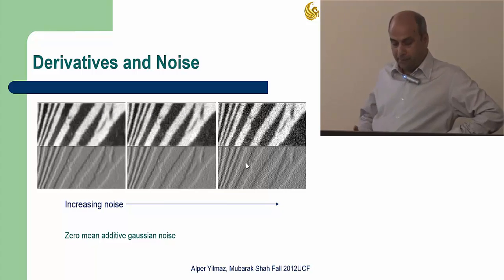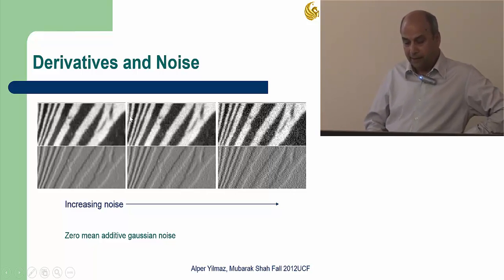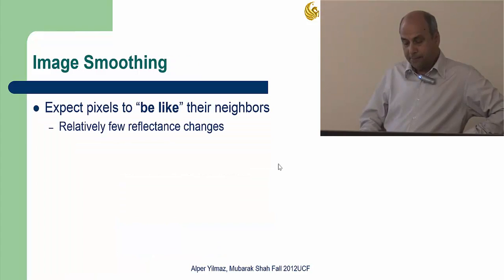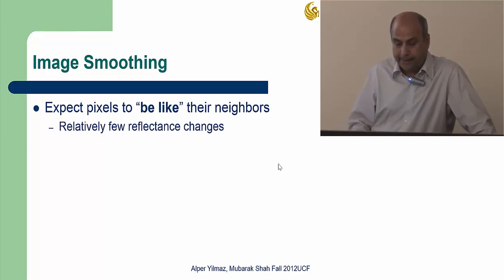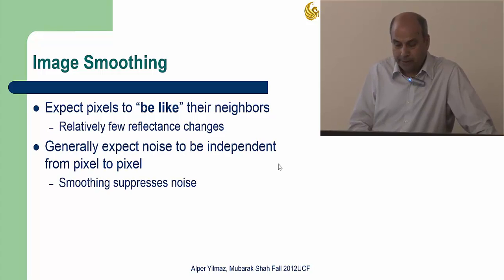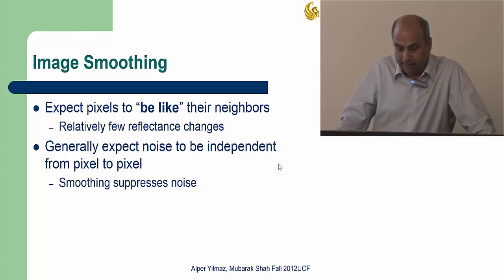This gives you an example of images, and if you keep increasing noise, these images will look more distorted, more blurred, and so on. So we are going to smooth the image, and that will help us.